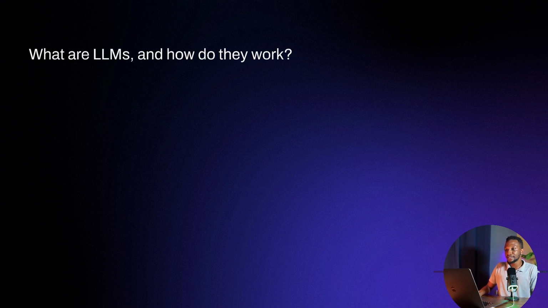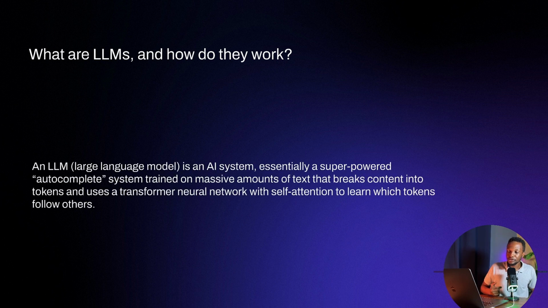So what are LLMs and how do they work? I think it's very important that we understand what LLMs are before we dive deeper, because understanding how they work will make you realize what faults and errors you have been making in your prompt engineering. So LLMs, or simply large language models, are essentially a superpowered autocomplete system trained on a massive amount of text that breaks content into tokens and uses a transformer neural network with self-attention to learn which tokens follow others.